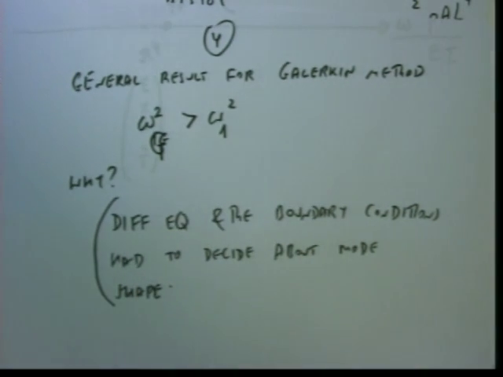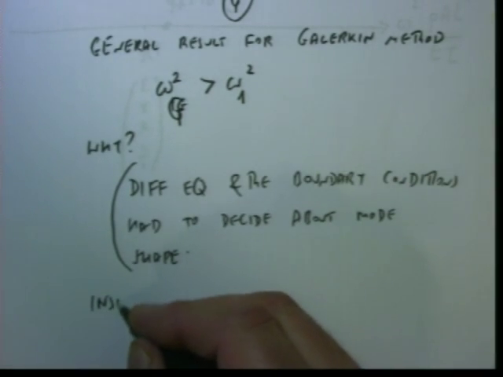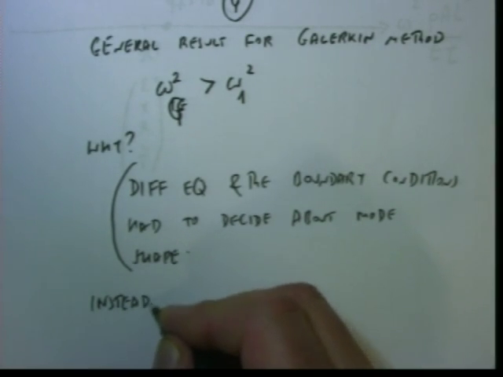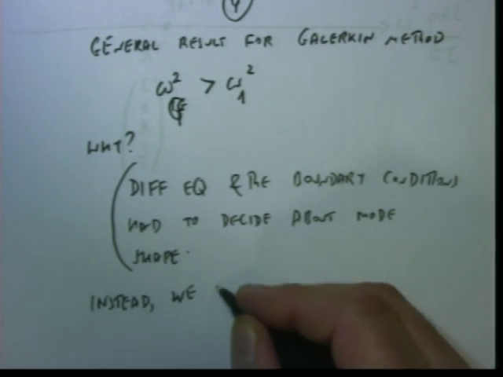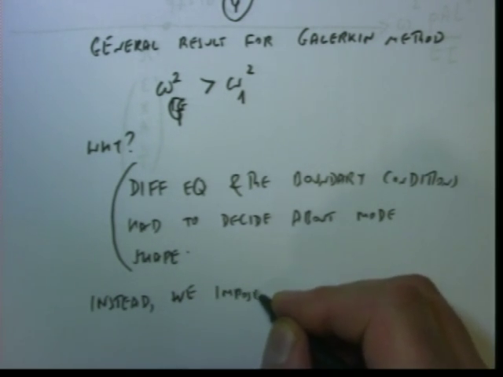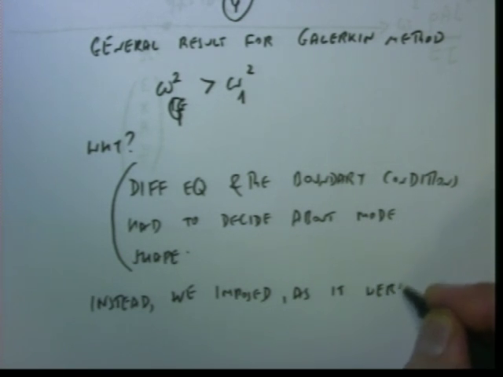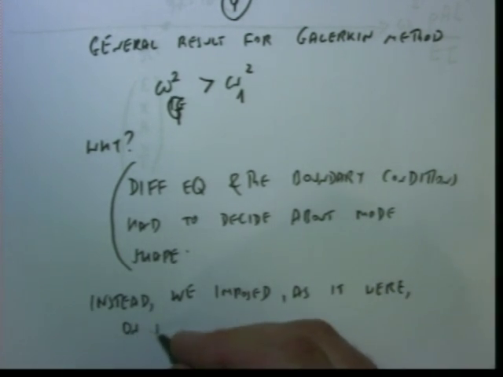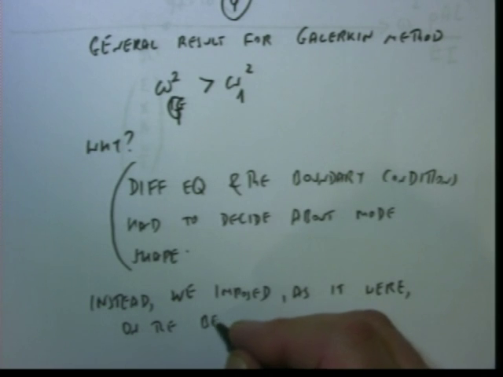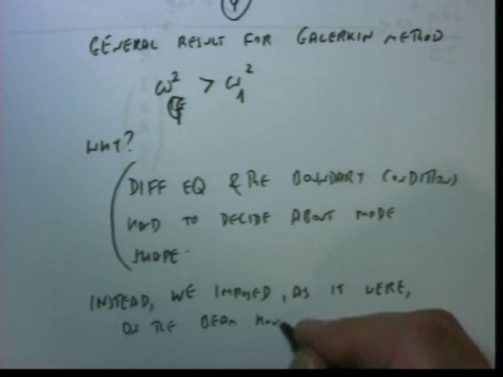Okay. We had to satisfy differential equations, we had to satisfy boundary conditions, and that is how we should obtain mode shape. Instead, we imposed, as it were, on the beam how to behave.